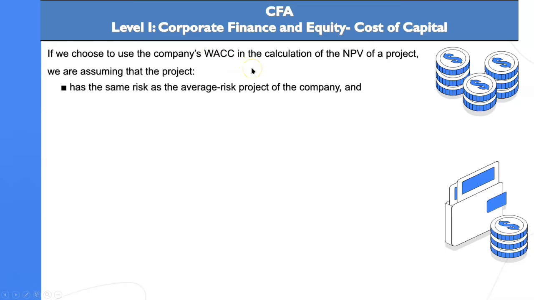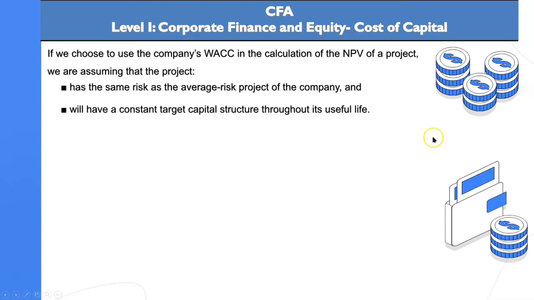How much debt we have in the capital structure of the company. So you will assume that the project life, 10 years, will have the same capital structure as of now. There will not be any change. We have a constant target capital structure during the whole life of the project.